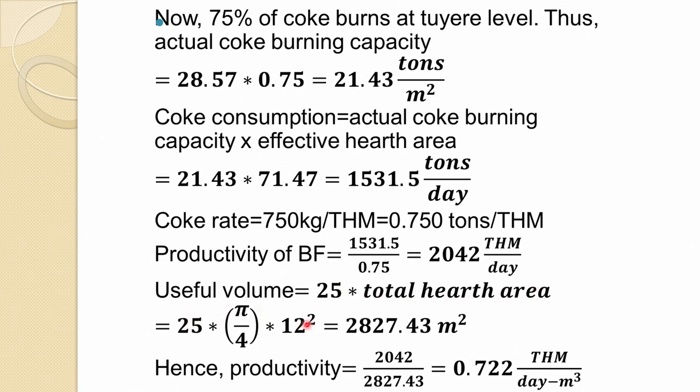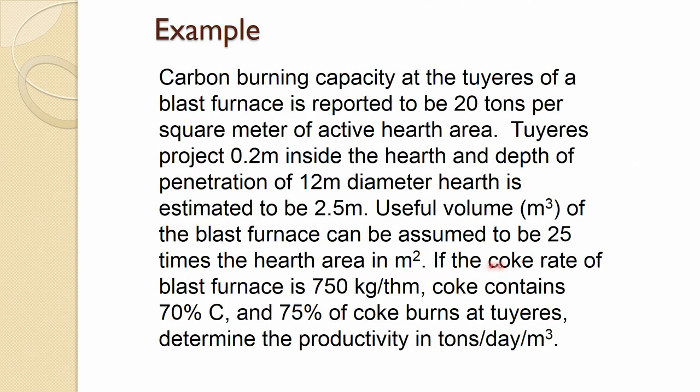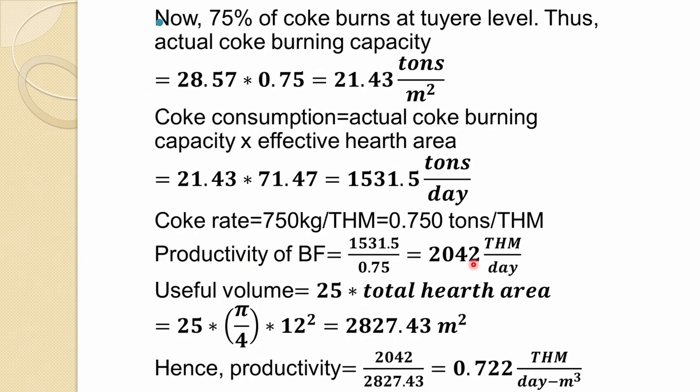Useful volume of the blast furnace can be assumed to be 25 times the hearth area in meter square. Okay. So, that should be meter cube, because it is a volume.